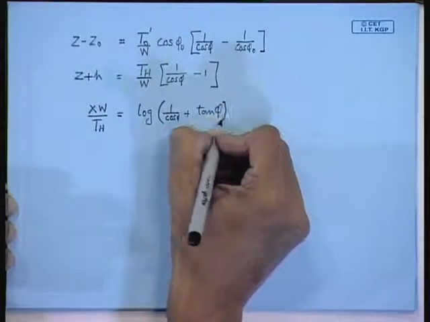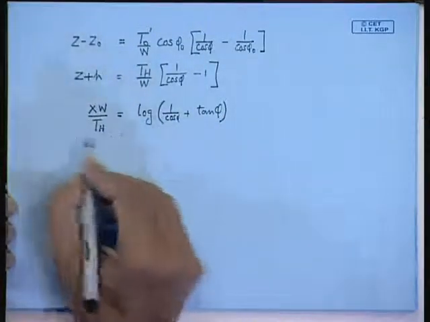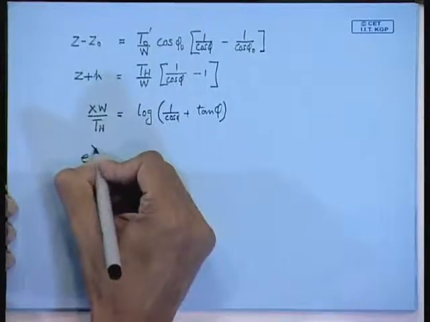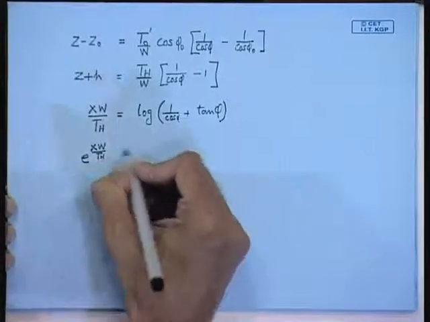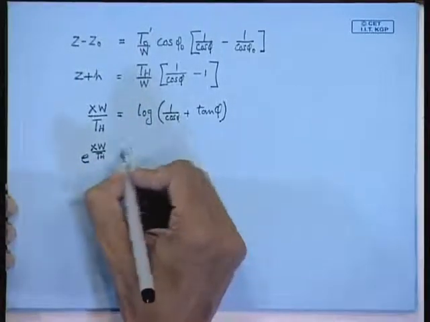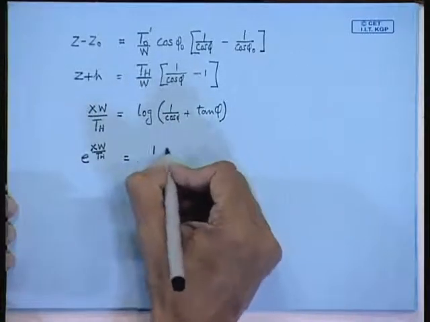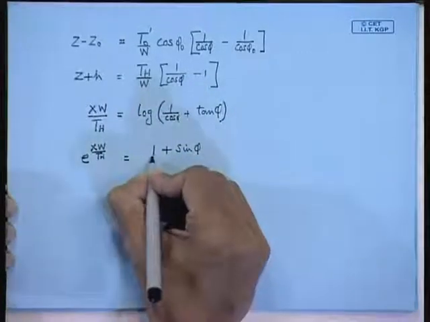Now, from this you obtain two expressions. If you simplify, e raised to the power x W divided by T h is equal to 1 plus sin phi over cos phi.